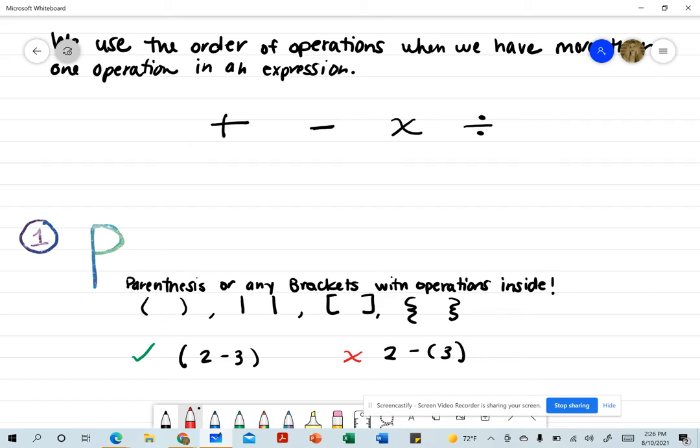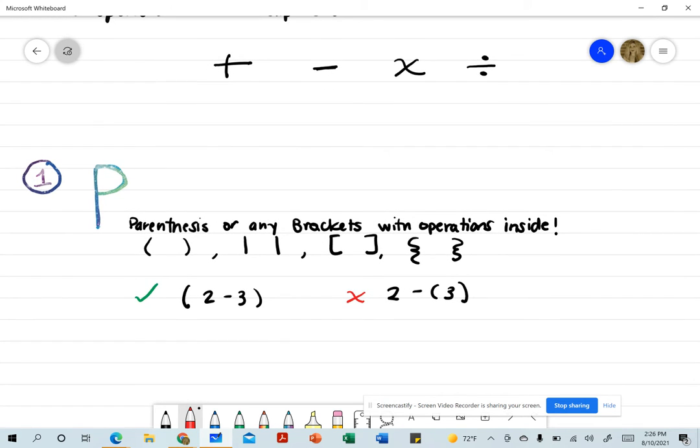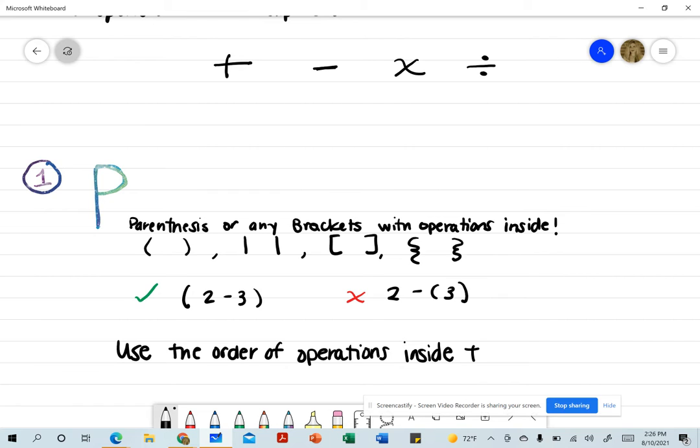What we are looking for is operations inside our parentheses or brackets, and that is what we instantly focus on first. Now, what's important is once you focus on these parentheses or brackets, you still have to use the order of operations.